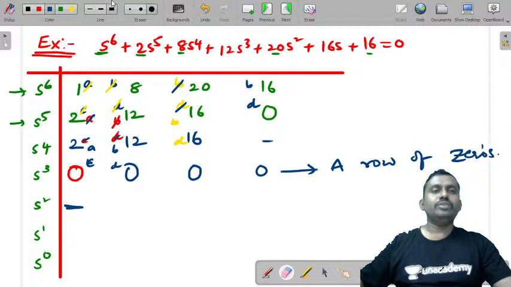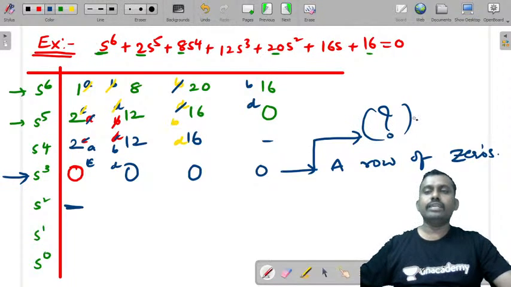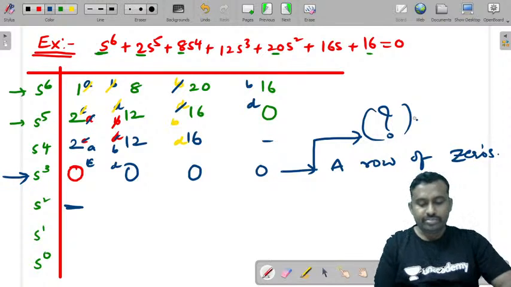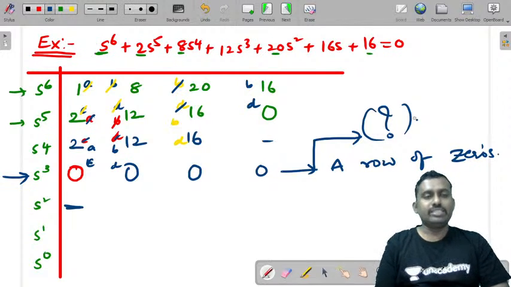So whenever you come across such a situation where a row becomes 0, what do you have to do? Someone tell me what you have to do if you get a 0 row. If there is a 0 row, we cannot find the rest of the elements.